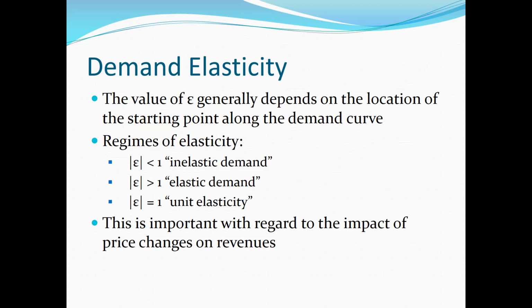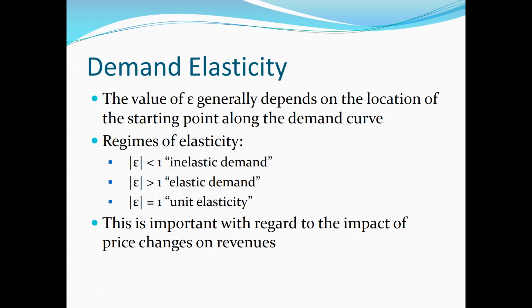Regimes of elasticity: it's the idea of whether you have inelastic demand, elastic demand, or unit elasticity. If you have inelastic demand, that means epsilon magnitude is less than 1. That means people are not very sensitive to prices. Even if you raise prices, they will have to undertake that activity or buy that good from you.